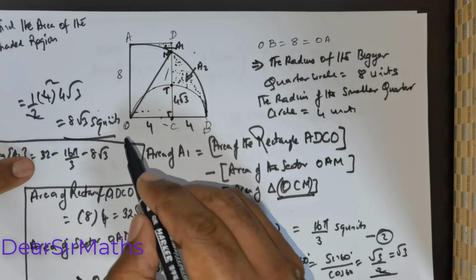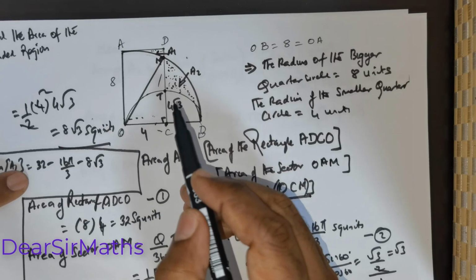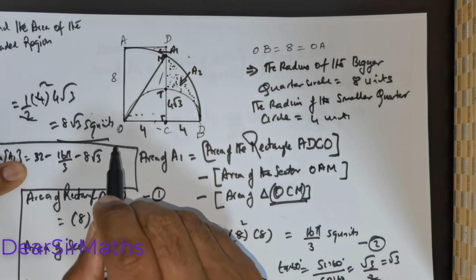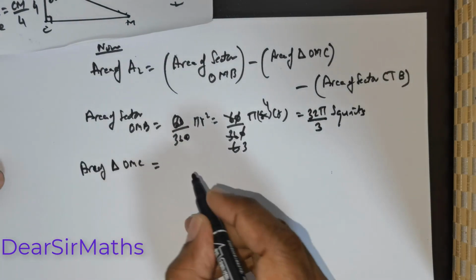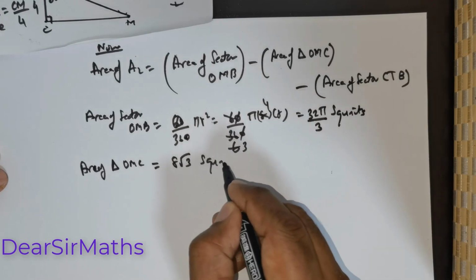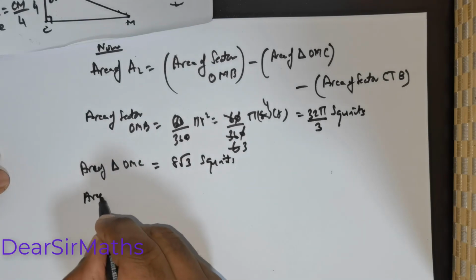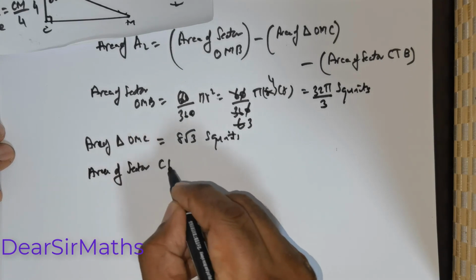OCM and OMC, they will have the same area because we are only naming the triangle differently. So we have found that to be 8 times root 3 square units. You just simply say 8 times root 3 square units, and then you need to find the area of sector CTB.